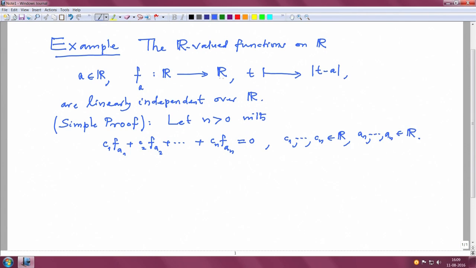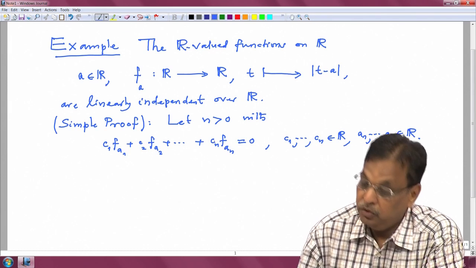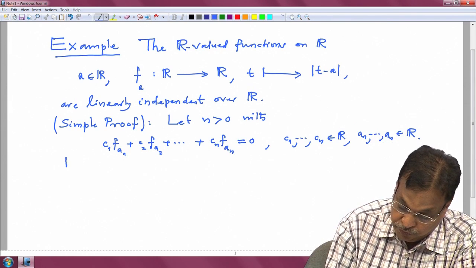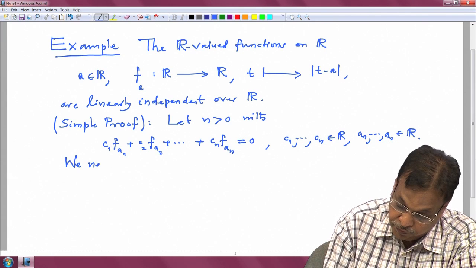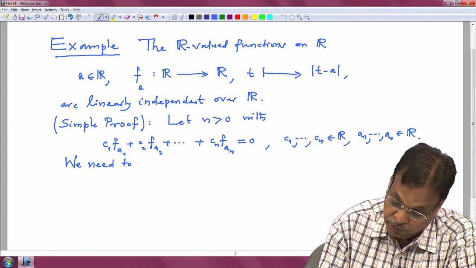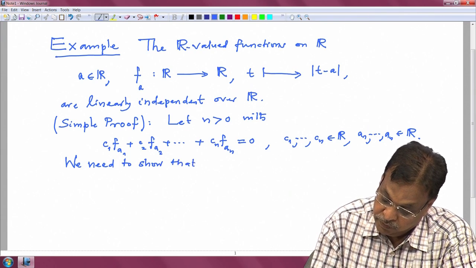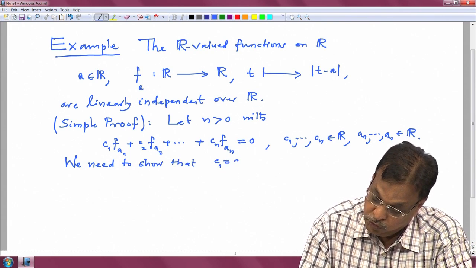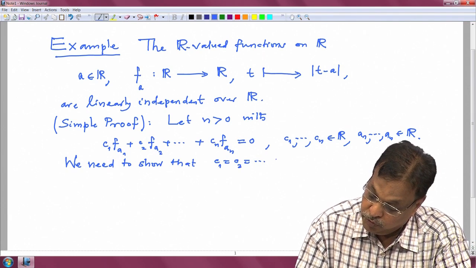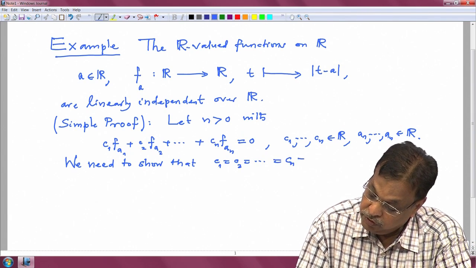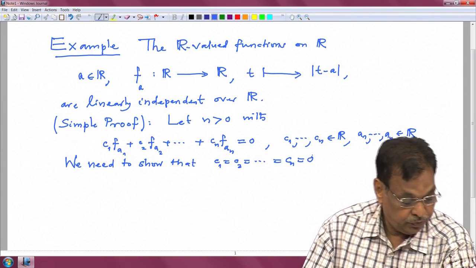To show that these functions are linearly independent, we need to show that if a finite linear combination is 0, then each coefficient is 0. Now, we need to show C1 equal to C2 equal to Cn, all these real numbers are 0.